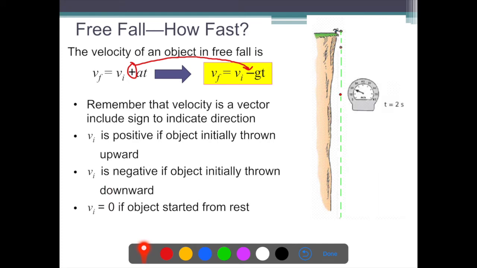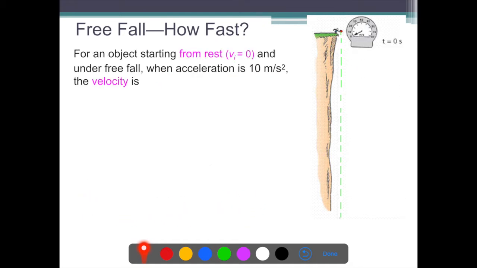Okay, so let's analyze free fall further to understand it more conceptually. Let's consider the special case when the object started from rest and Vi is equal to 0. So for an object starting from rest, Vi is equal to 0, and under free fall with negligible air resistance, when acceleration is 10 meters per second squared, what will be the velocity after 1 second?